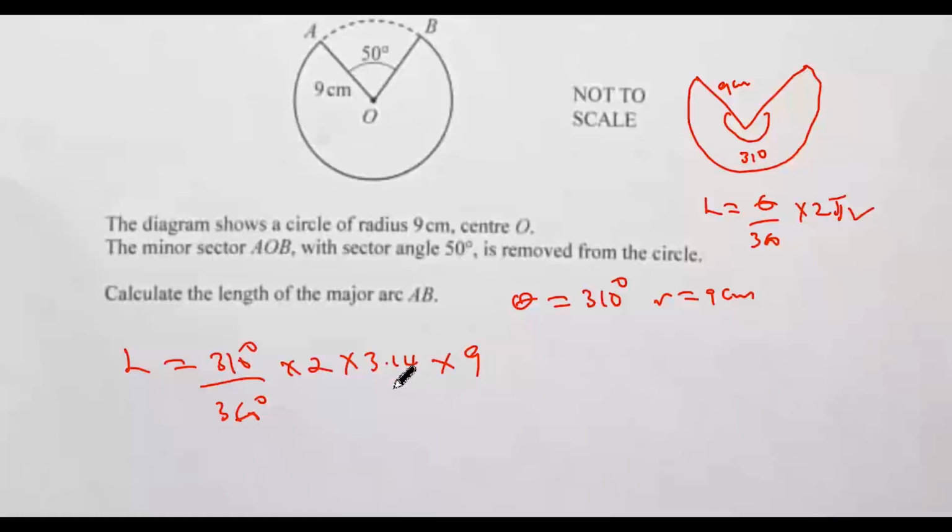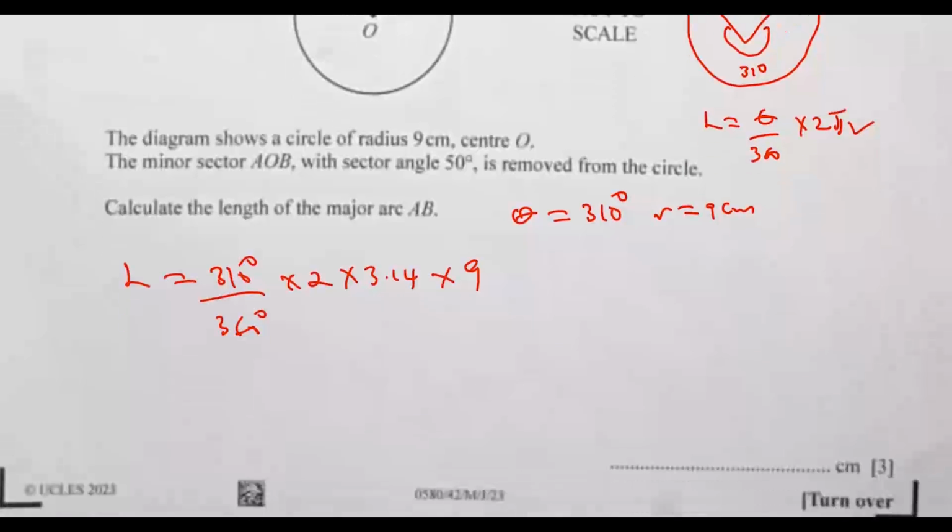If you take your calculator and do this, you should get the answer straight away, and that will be 48.67 centimeters. So that will be the length of the major arc AB.